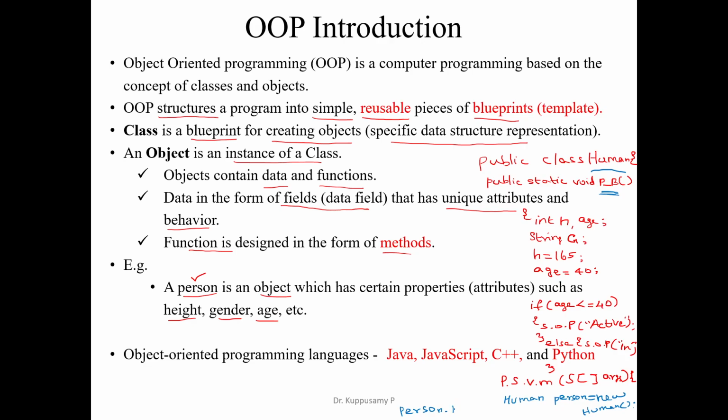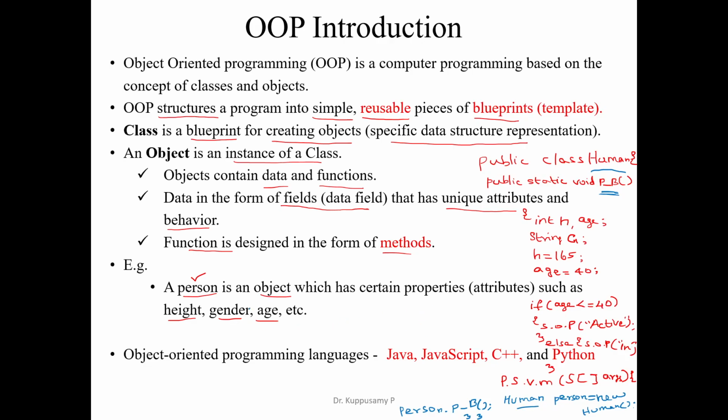So person dot p underscore b, I am calling. Then over. So here I am defining an object for the class Human.